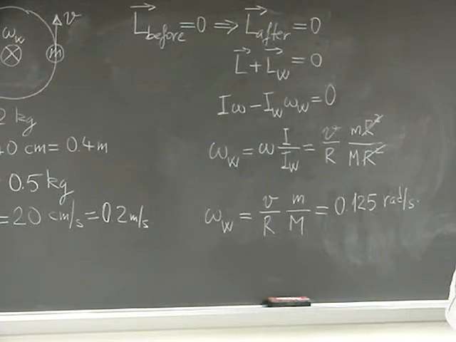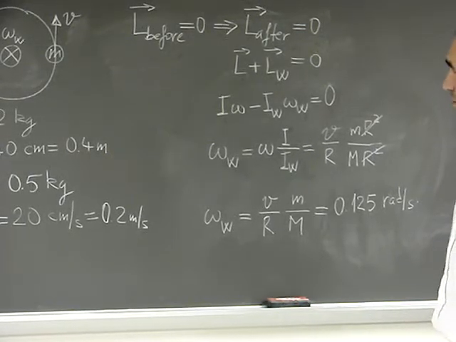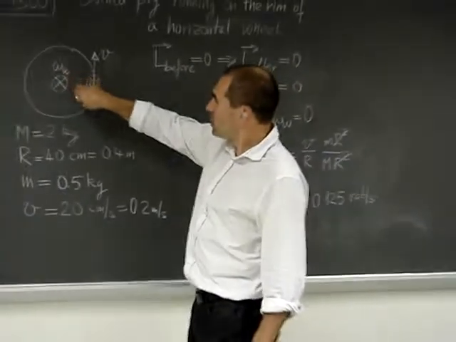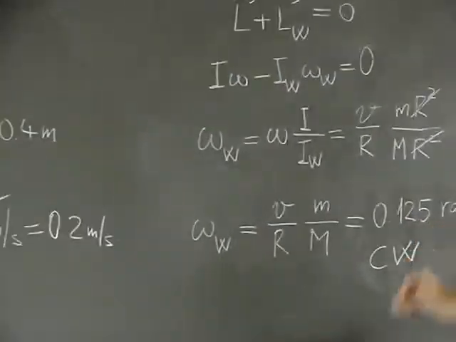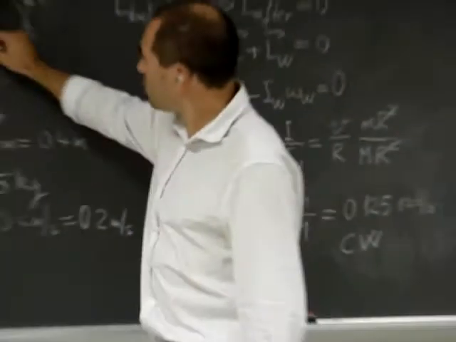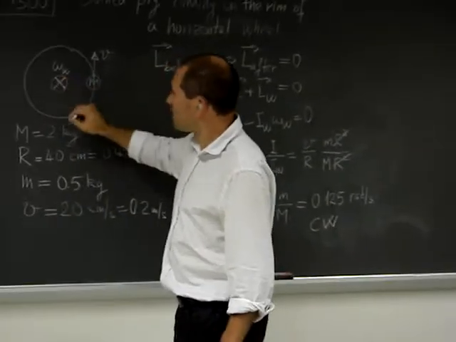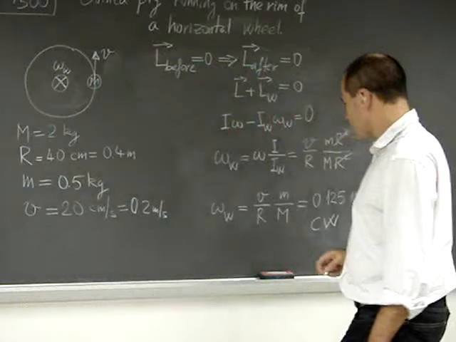And I can say also that the wheel is going to rotate this way, which is clockwise. This symbol is representing the omega vector pointing into the board.